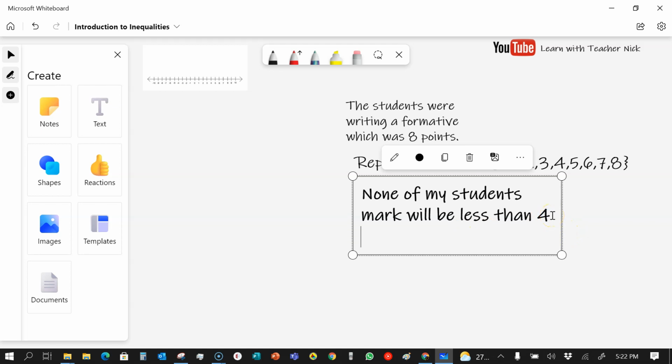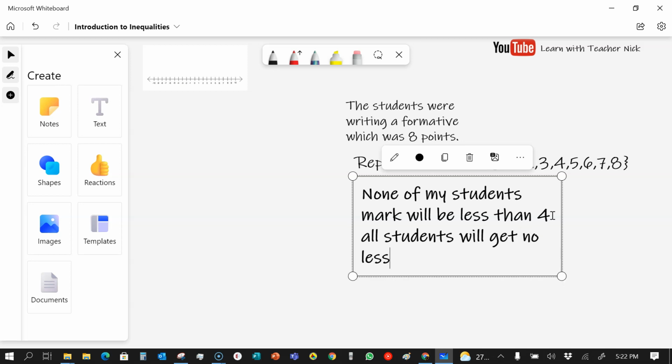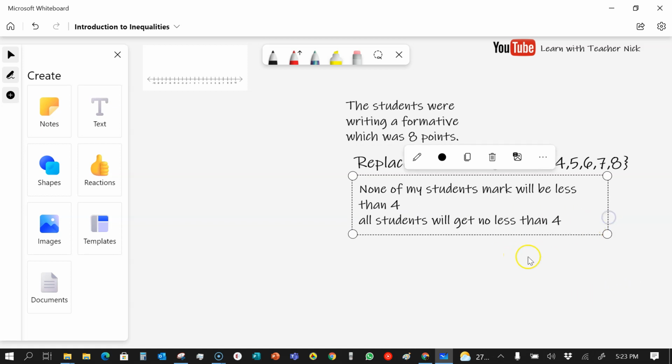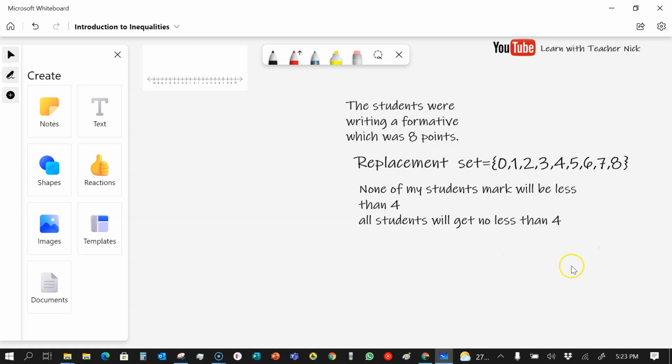Or I can rewrite it and say, all students will get no less than 4.